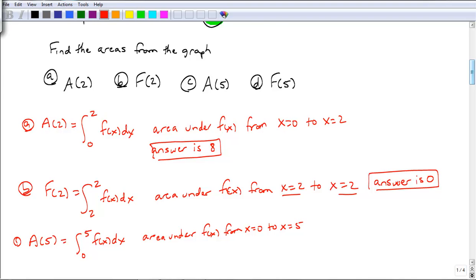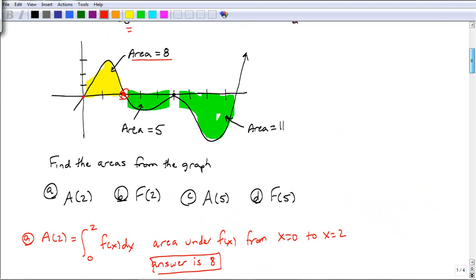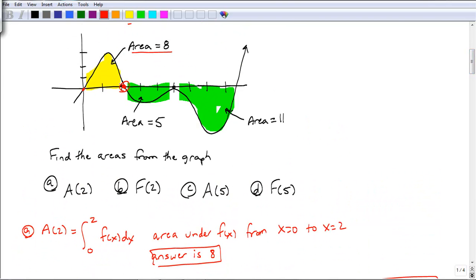If I look at the graph, the area from 0 to 2 is a positive 8 because it's above the x-axis. Here is x equals 5. The area from 2 to 5 is a negative 5 because it's below the x-axis there.